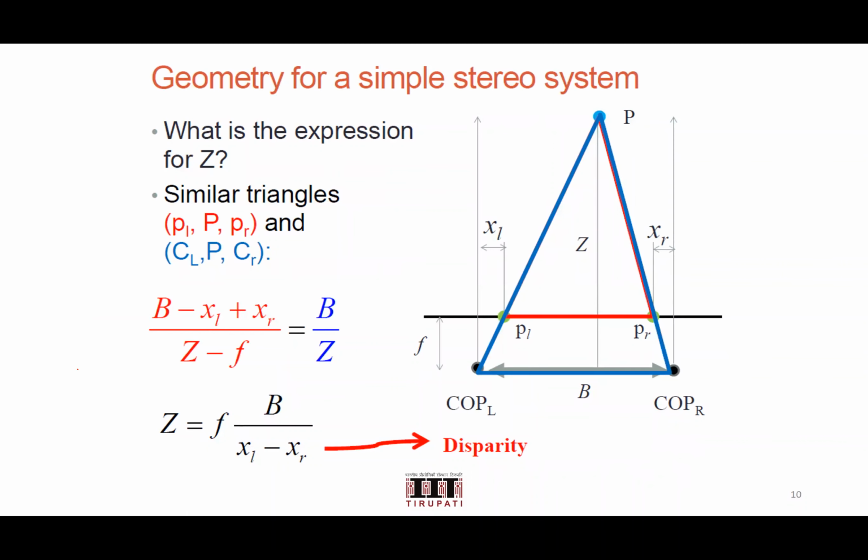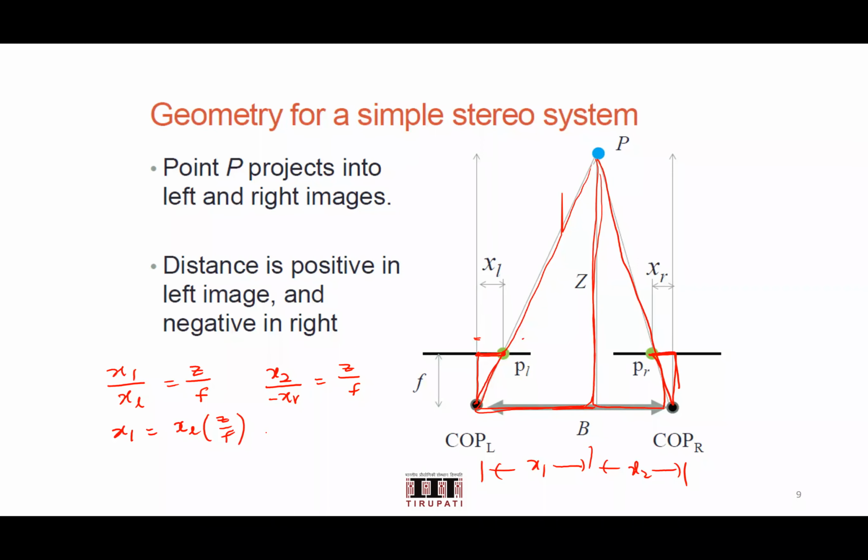So this is what I got. That means x2 is equal to minus XR into Z by F. You add both, that gives you x1 plus x2 equal to b, which equals Z by F into XL minus XR.